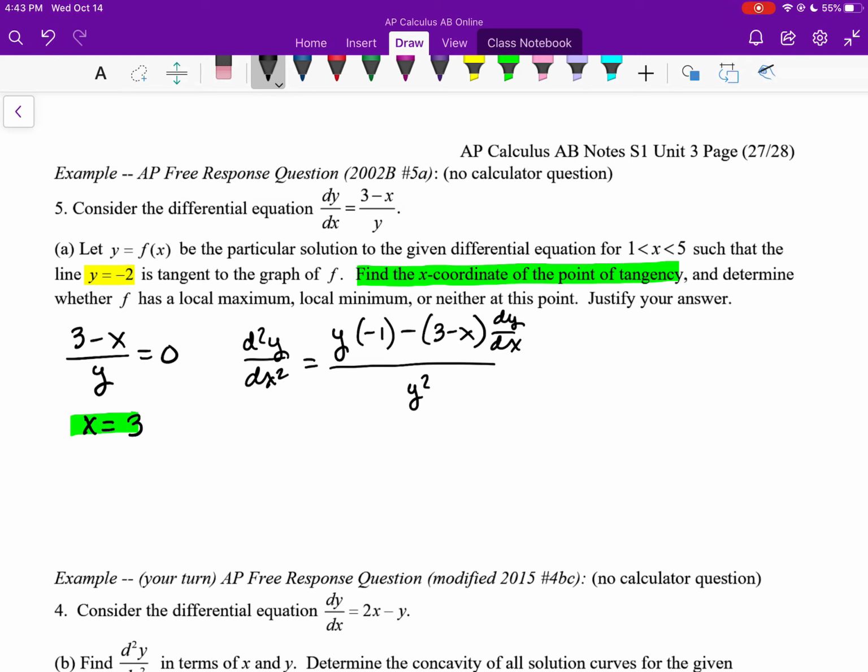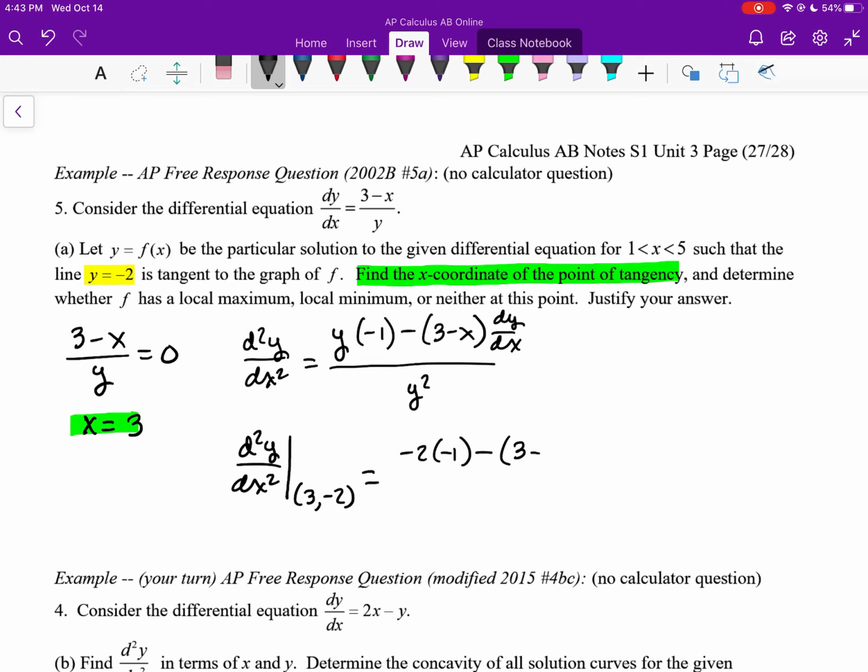We just need to find the value of the second derivative at our point. So we're going to do d squared y dx squared, and we're going to evaluate this at the point x equals 3, y equals -2. This is the point that we have for our tangent point. And so if I do that, the y value is -2.